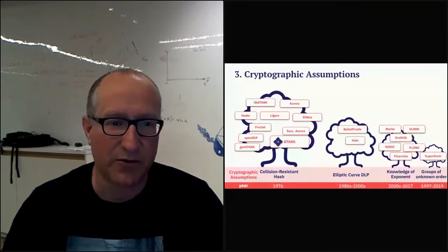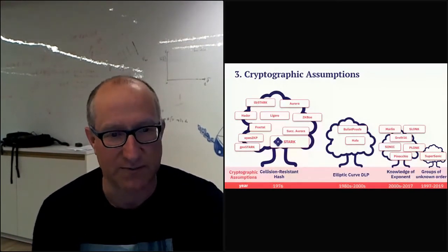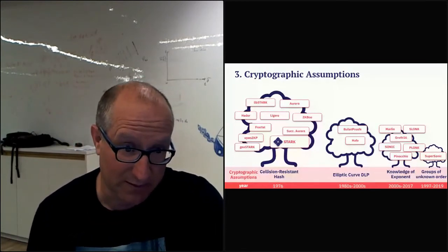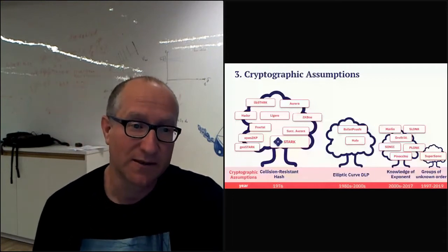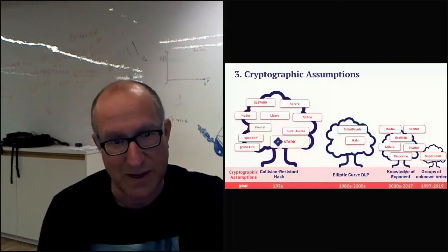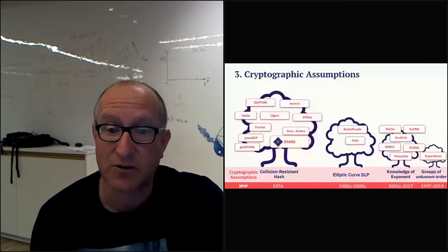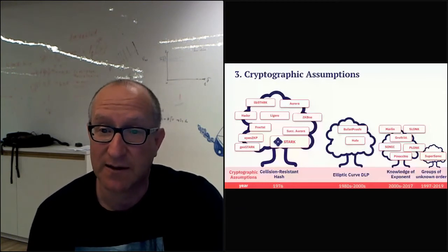Okay, so we have here different assumptions. You have the collision-resistant hash, this biggest tree that has a lot of proof systems under it, and that's where the stuff that StarkWare is interested in, and the stuff that at least I'm most passionate about, lies. You have stuff based on the elliptic curve discrete log problem, things like Bulletproofs, and more recently Halo.